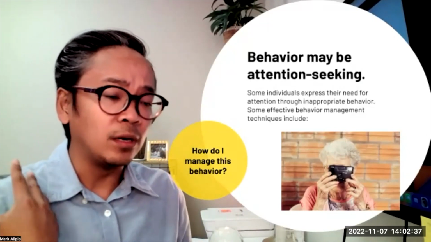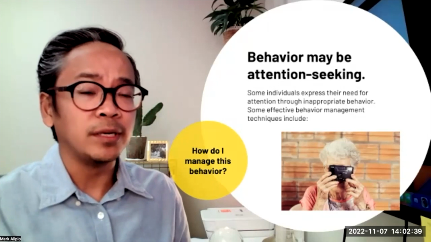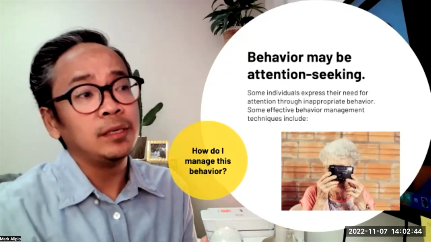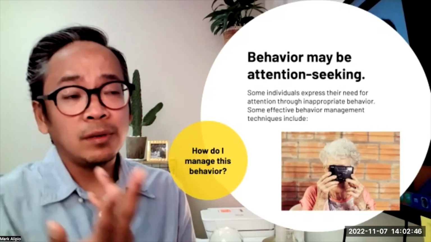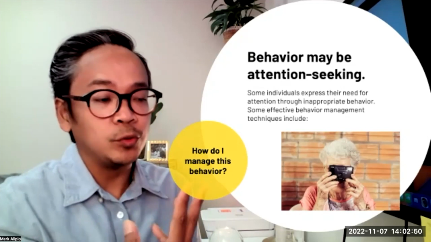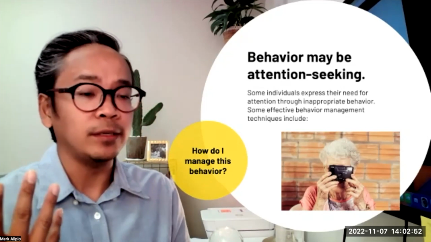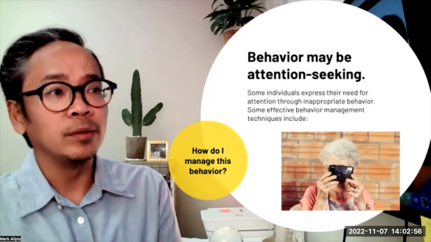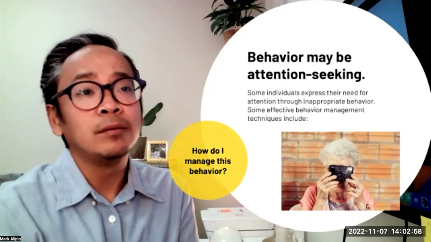And so when they are seeking attention, we basically have two types of interactions with them, right? Either you directly interact with them, or you completely ignore them, or don't interact with them at all, right?